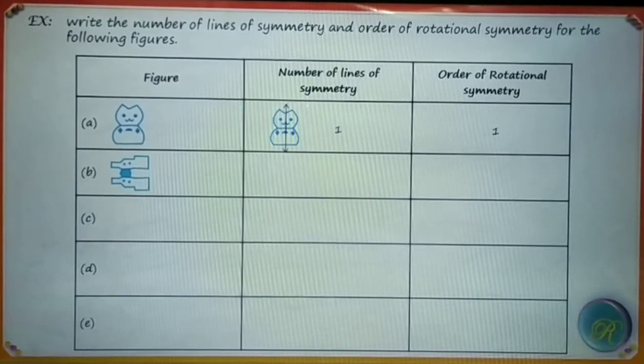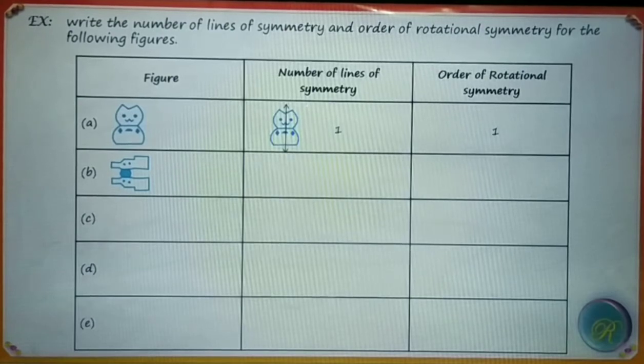Figure B. Number of lines of symmetry 1. Horizontally we can draw. Order of rotational symmetry 1.